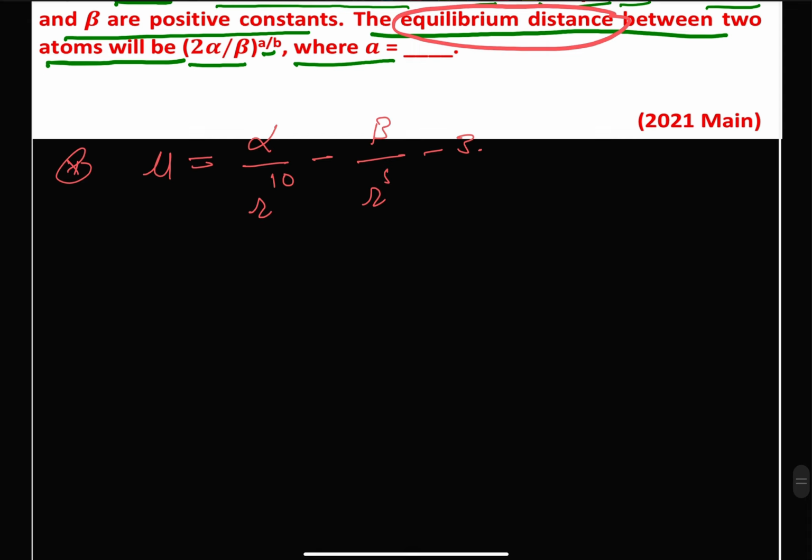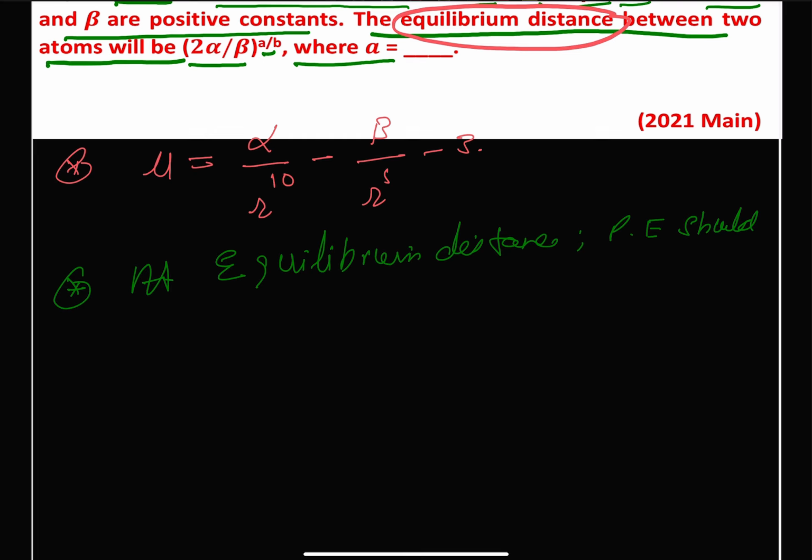So you can say at equilibrium distance, potential energy should be minimum. Or we can say our derivative of energy with respect to distance r should be equal to 0.